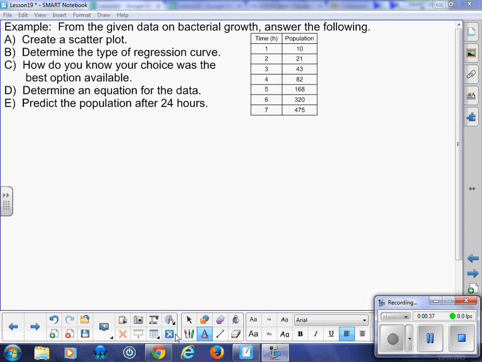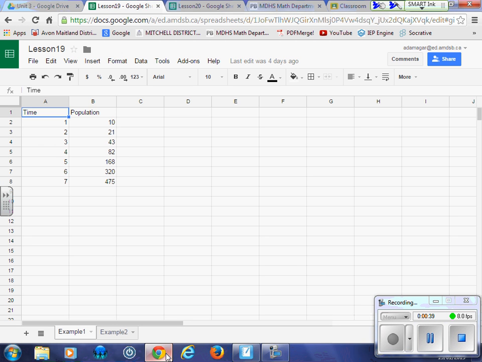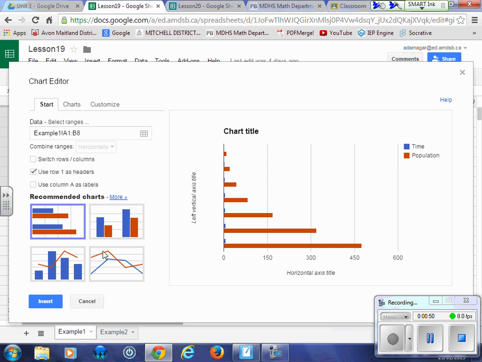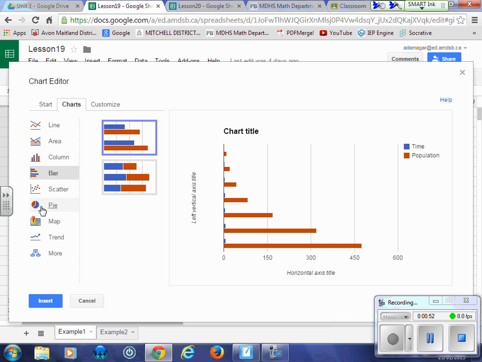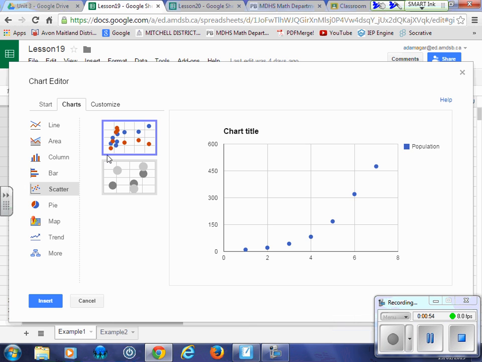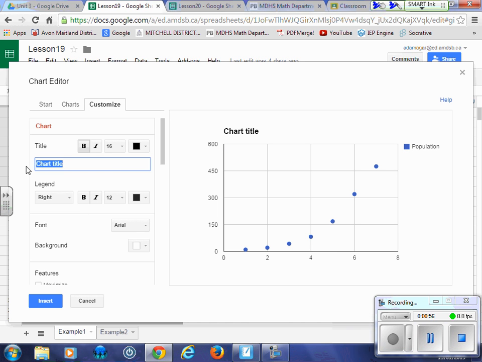All right. So if you open up lesson 19, if you want to work along with me, the data is already entered. So it's all typed in there. So again, you select the data, insert, chart, more, scatter, customize. Inside the customize one, we are doing population versus time.